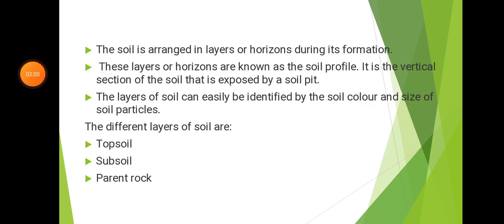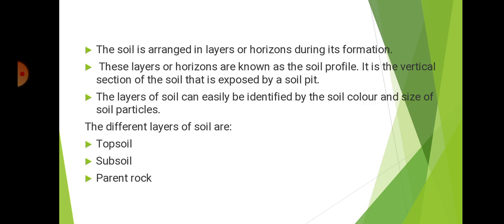The soil is arranged in layers or horizons. During its formation, these layers or horizons are known as the soil profile. It is the vertical section of the soil that is exposed by a soil pit.